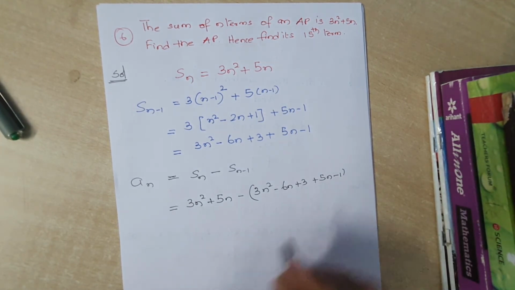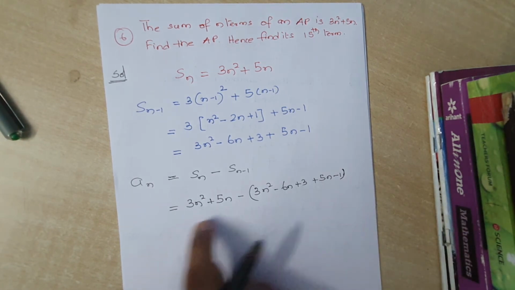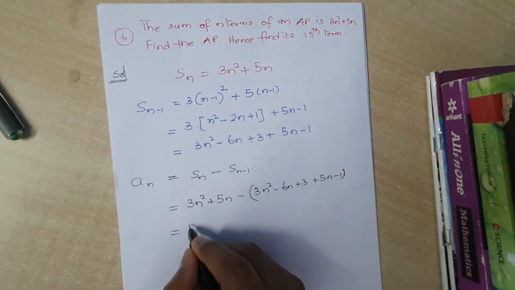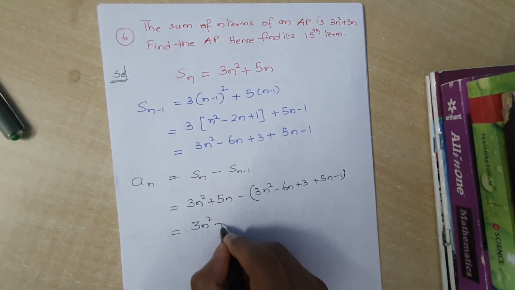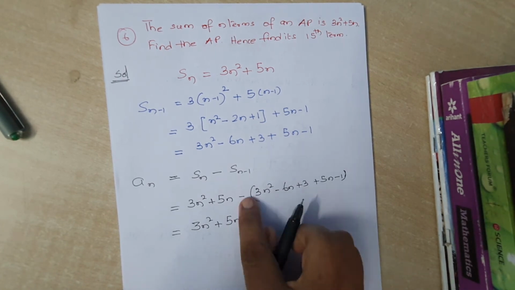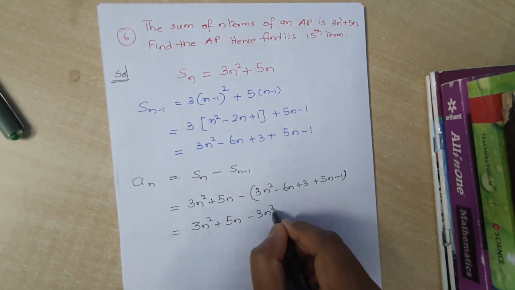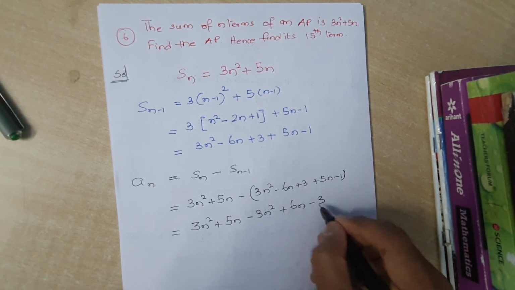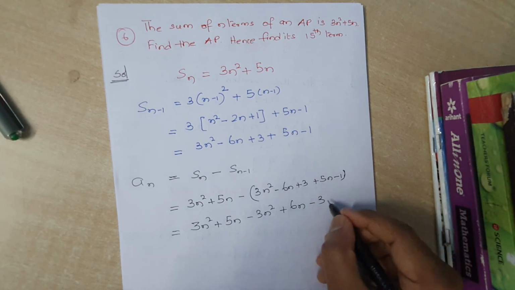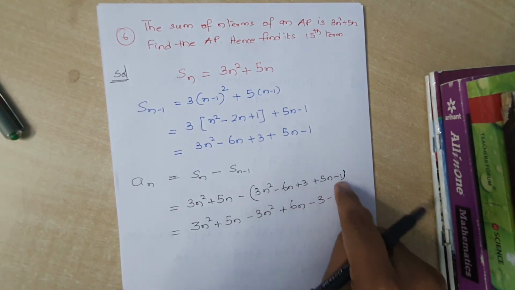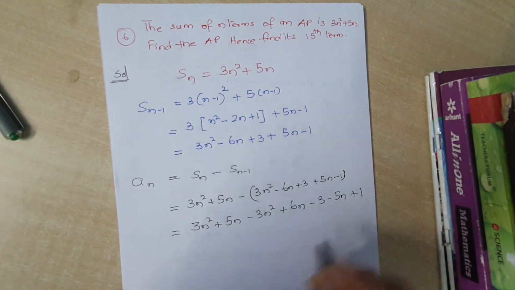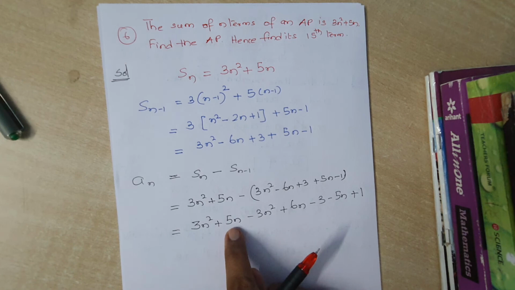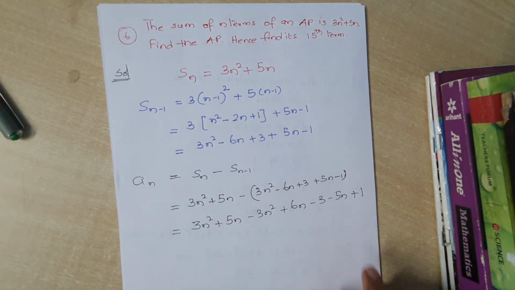Now open the bracket. Minus into 3, minus 3n square, minus into minus, plus 6n, minus into plus, minus 3, minus into plus, minus 5n, minus into minus, plus 1. So having said this, this is positive 5n and this is negative 5n, right?